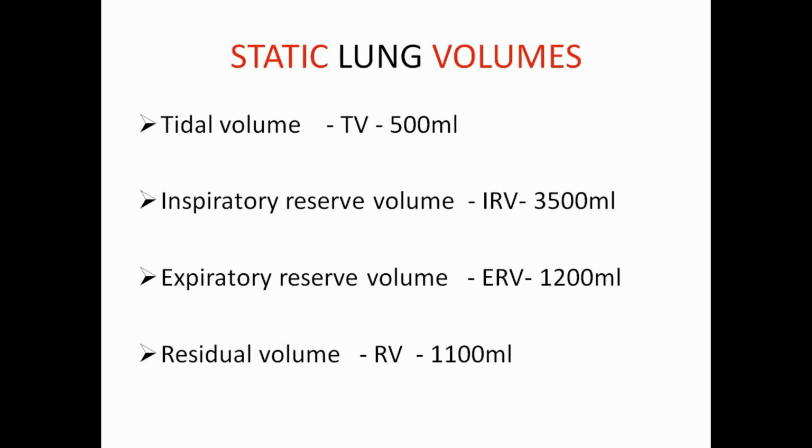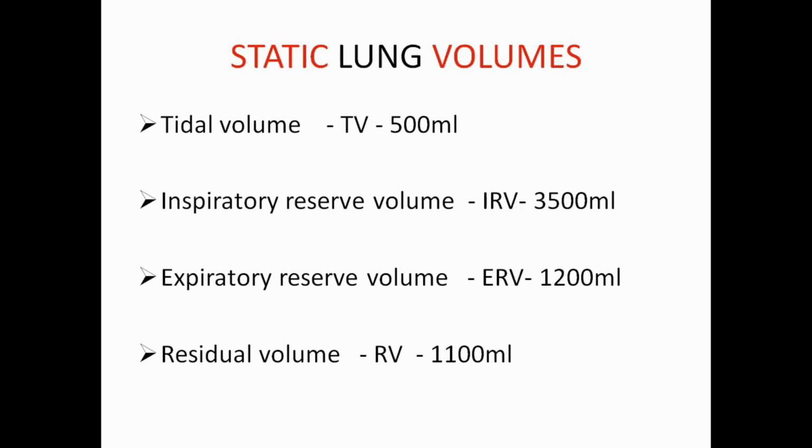Also you can mention it as 0.5 liters. The second type of static lung volume is inspiratory reserve volume, abbreviated as IRV, which is normally 3.5 liters. Then the expiratory reserve volume, abbreviated as ERV, with a normal value of 1.2 liters or 1200 ml.